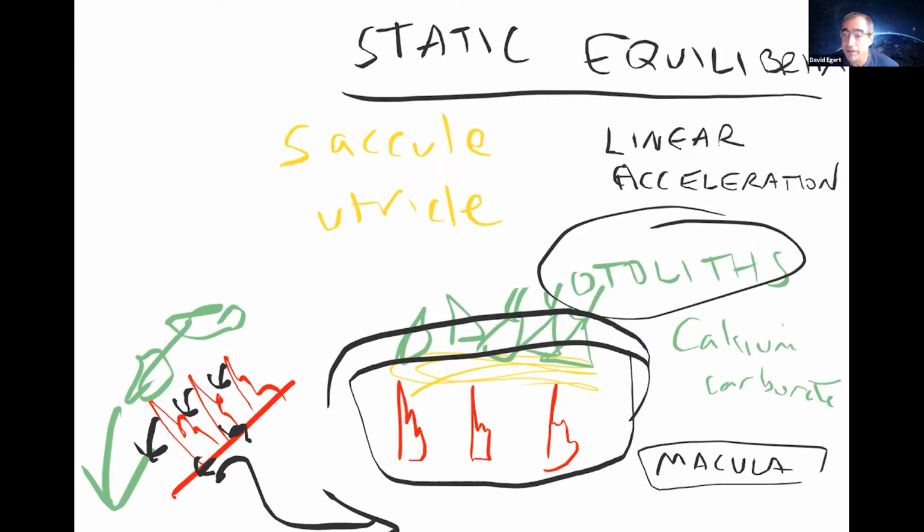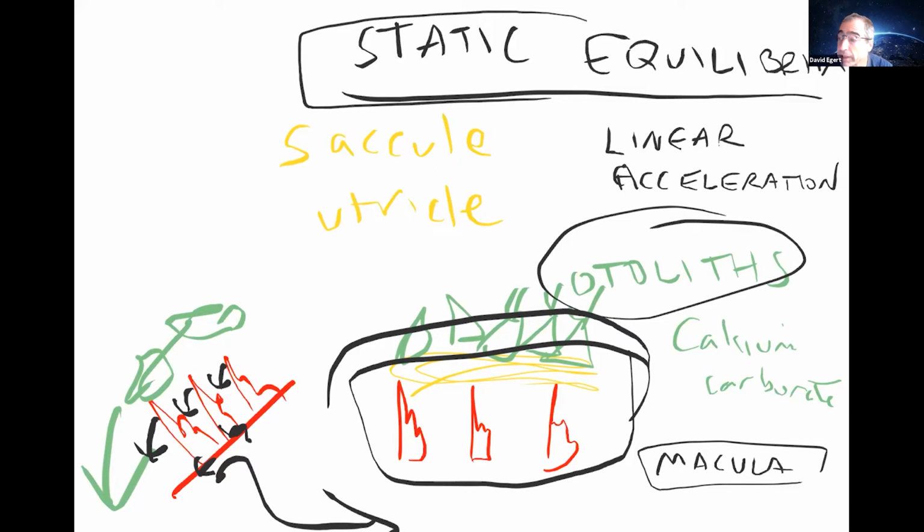It's just, linear acceleration and gravity are the same thing. Gravity is linear acceleration down towards the center of the Earth. So if you're getting plastered on the back of your car as you're accelerating and you feel that, you'd also be activating your saccule and your utricle. But anyway, so that's static equilibrium.